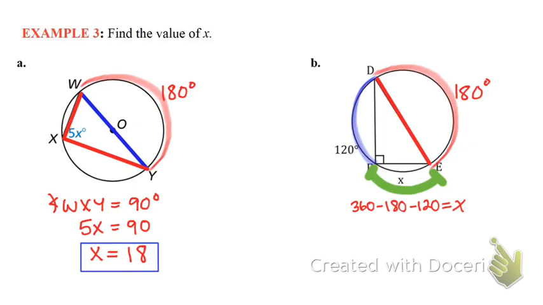X turns out to be 360 minus 180 minus 120, which is 60 degrees. Another way to do that problem would be to realize that going from D through F to E is a semicircle also, so you could have just said 180 minus 120 in order to get the 60 degrees. It's really cool in this chapter how sometimes you can find an answer in many different ways.